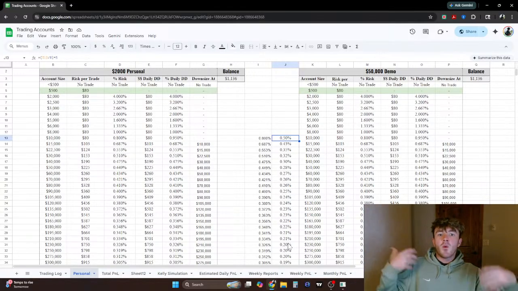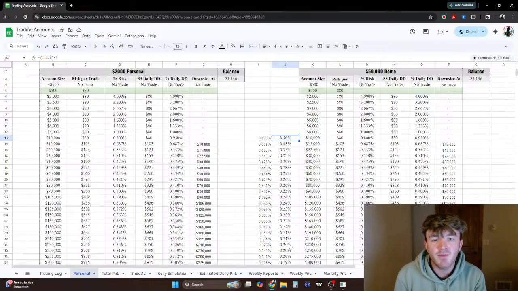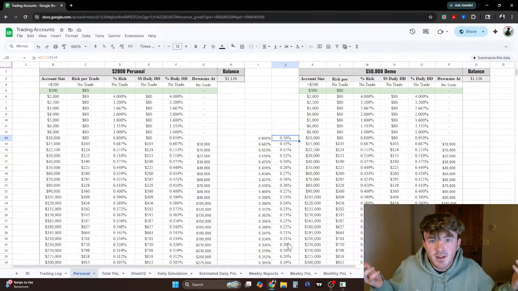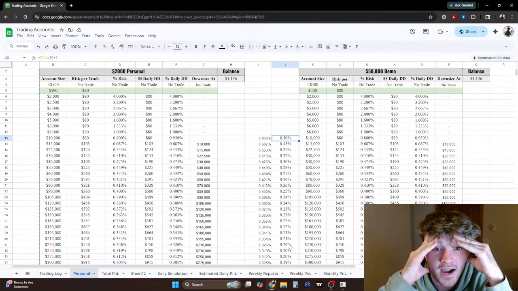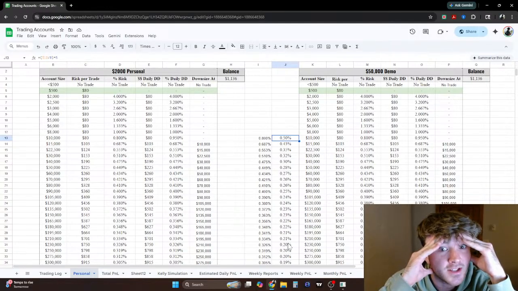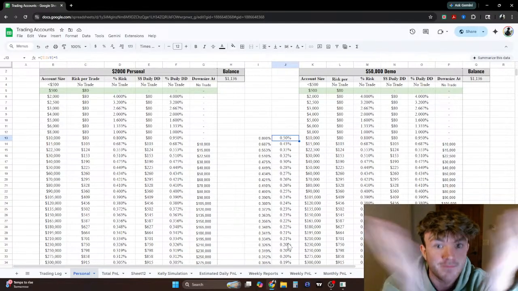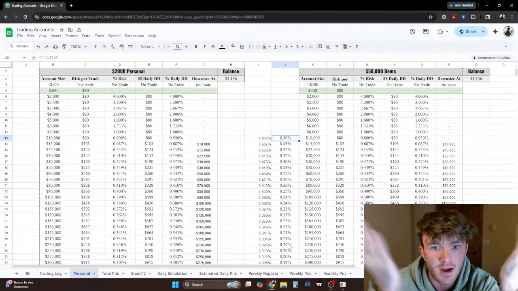You guys might be wondering, why are you risking so little per trade? 0.5%, 0.35%, 0.25%. Bro, you're never going to make money. Guys, like I said, I know myself as a trader. You guys see how much I lose. I lose a ton. I'm aware I lose a lot, right?